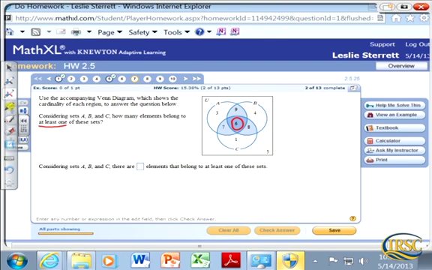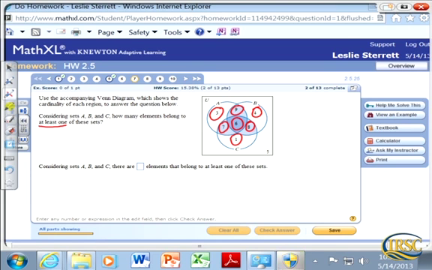So it could belong to only set A or only set B, or it can belong to A and B, because that's at least one of them, or A and C, or it could belong to all three of them. So at least one means that it's actually any of these numbers, because again, at least one means one or more, that it's inside one or more of the sets.